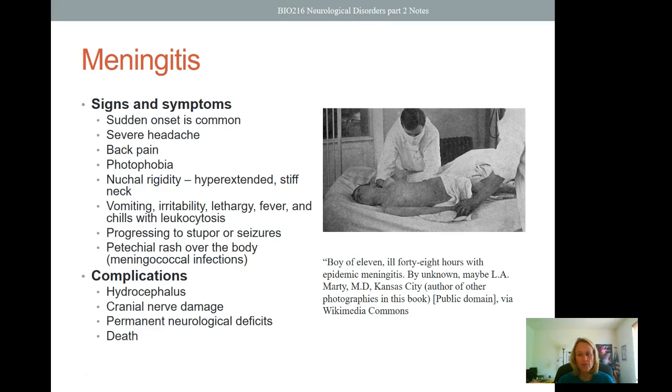The petechial rash, those pinpoint bleeds due to rupture of capillaries, occurs all over the body.